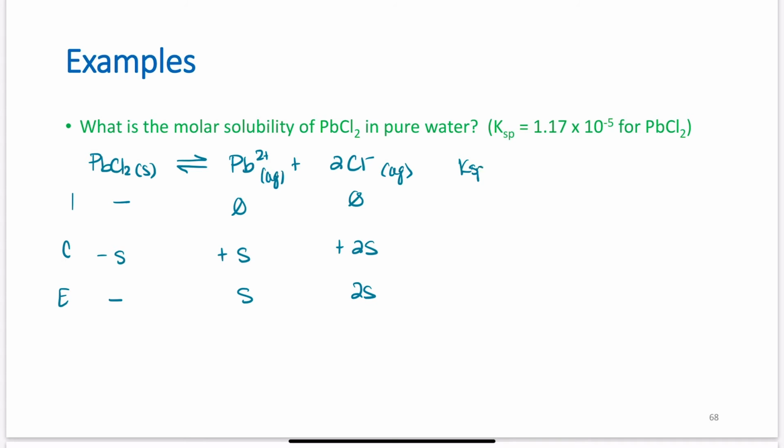My Ksp, 1.17 times 10 to the minus 5, is equal to Pb2+ times Cl- squared.